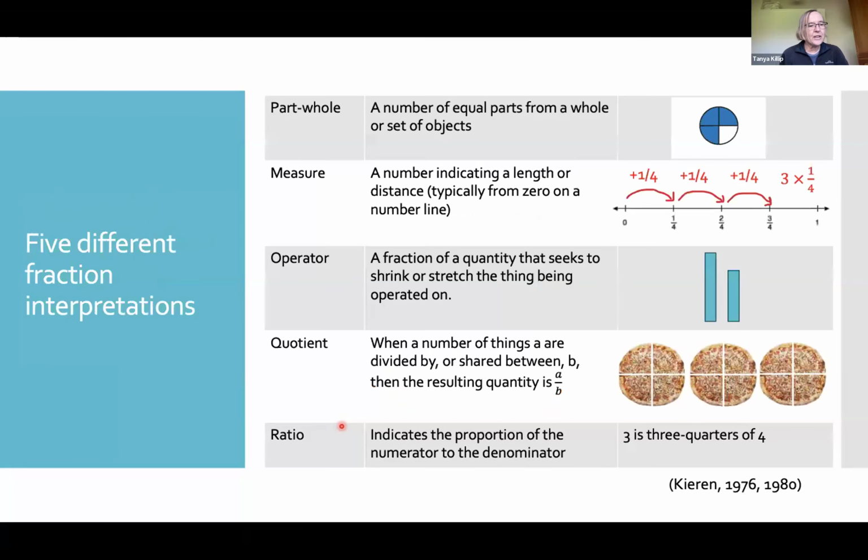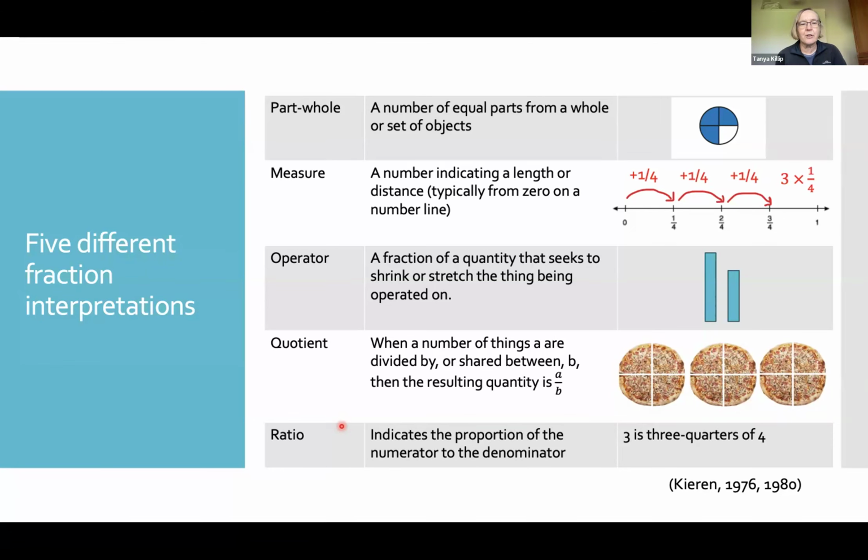Okay, so the second main reason I think that students struggle with fractions is that fractions have 5 different possible interpretations, and an understanding of all of these interpretations is necessary for a good conceptual understanding of fractions.